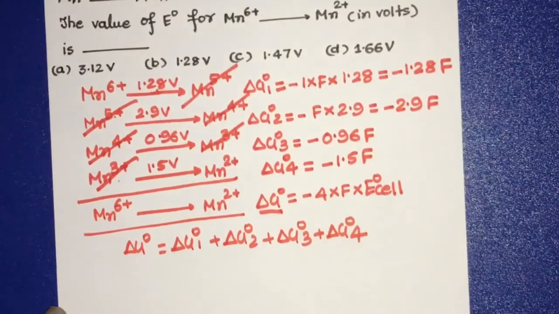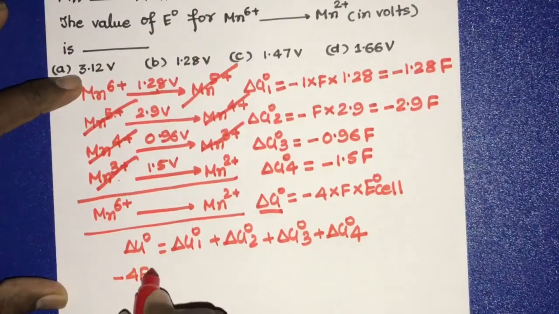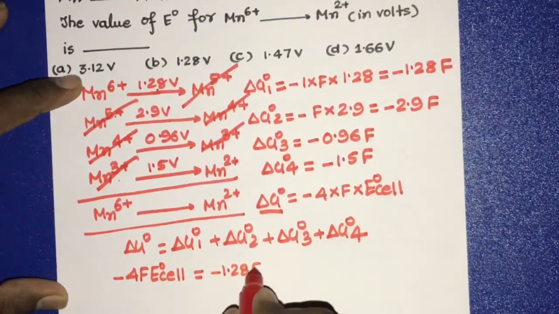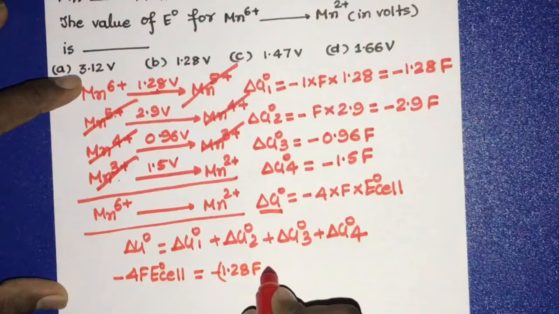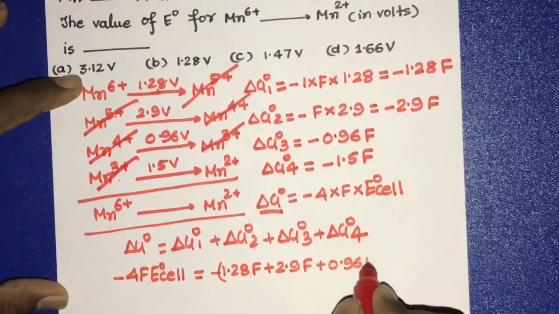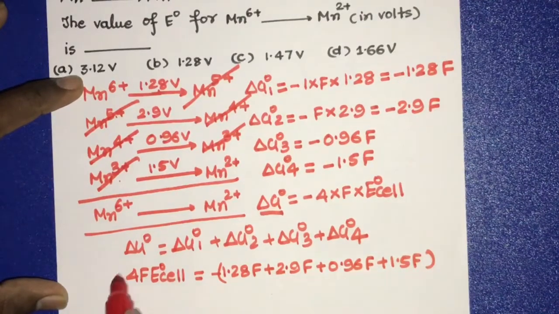So you can write minus 4 F E naught cell equal to minus 1.28 F, you take negative as common, then plus 2.9 F plus 0.96 F plus 1.5 F. So negative negative will be cancelled out.